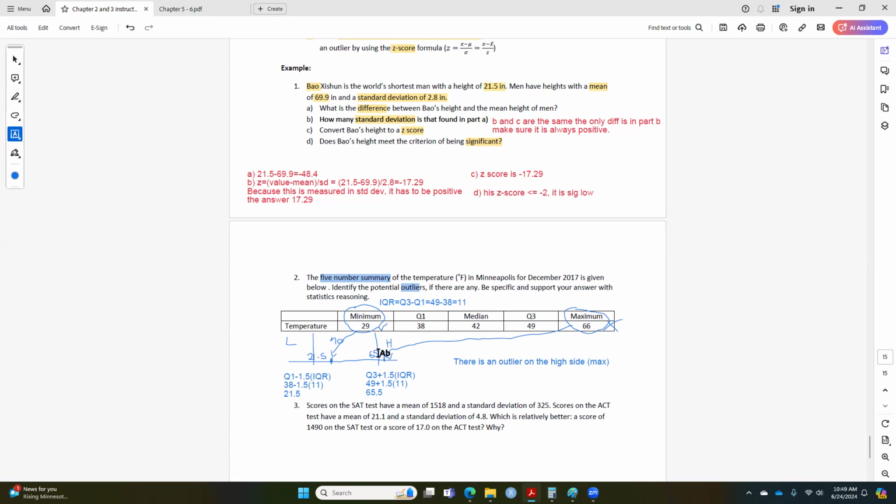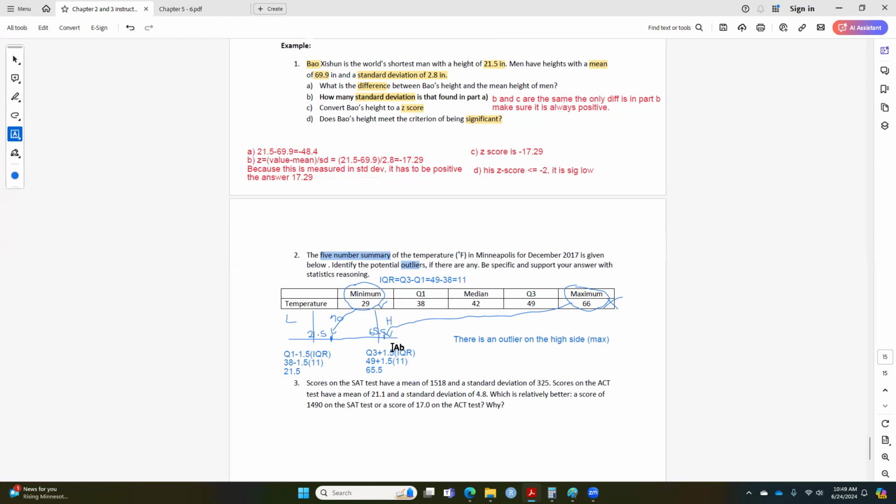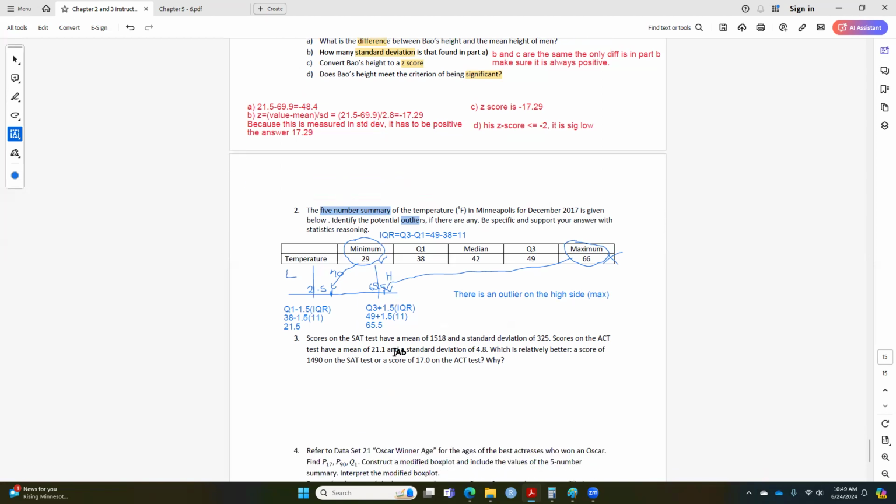Same thing, if the maximum falls above the high side, it's an outlier, and it can be on both ends, low and high. So this is how we explain this. Make sure you use the 5-number summary to figure this question out. Anyone have any questions for me?